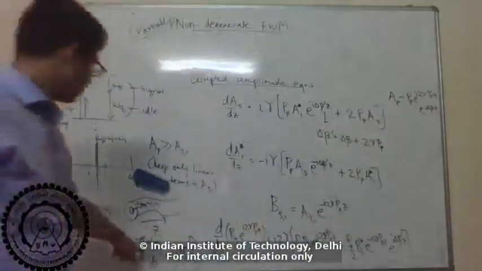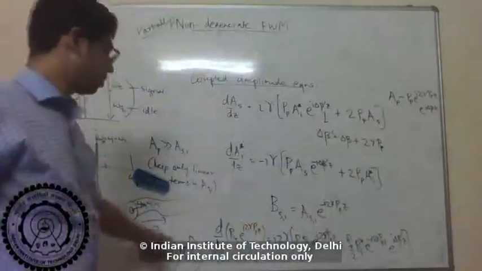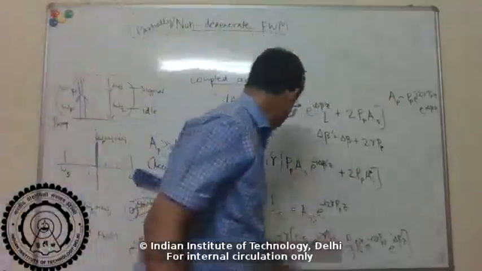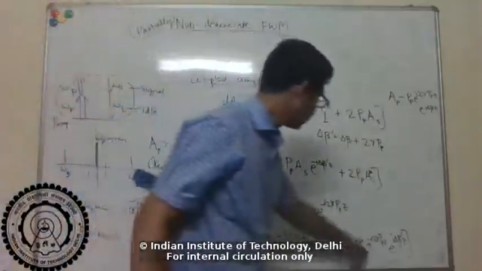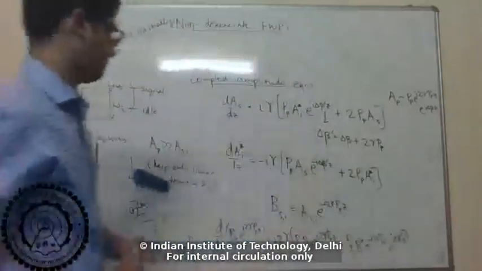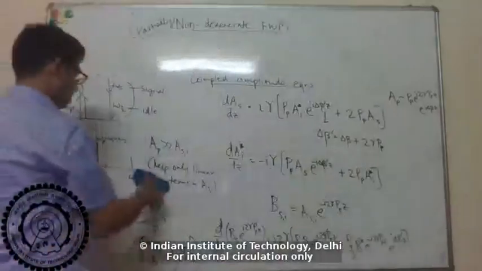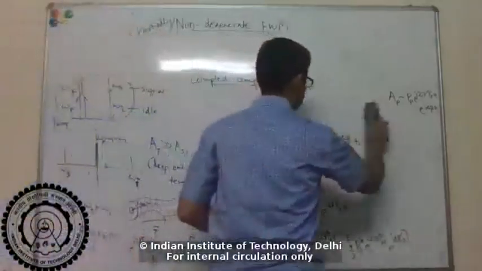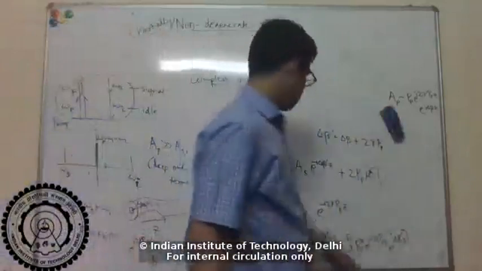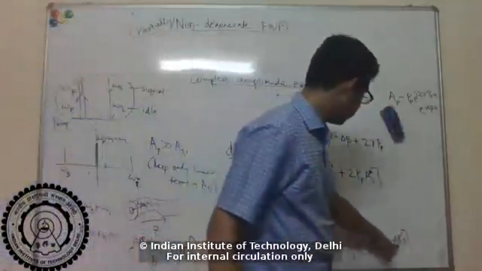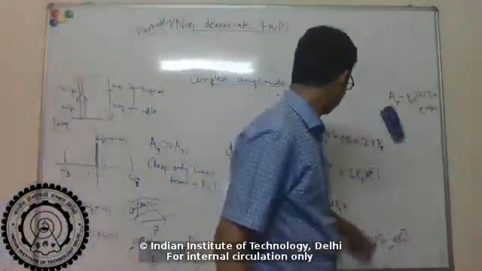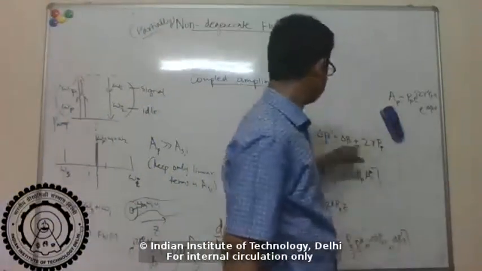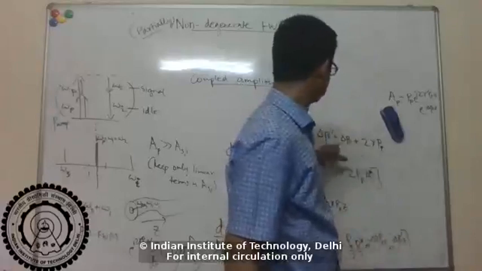And we end up with dBs/dz equal to something times Bi conjugate. And the phase factor here is delta beta prime minus 2 gamma P, which gives me back delta beta.